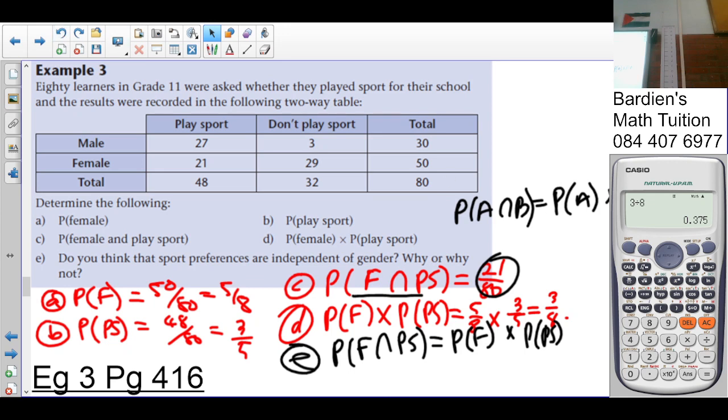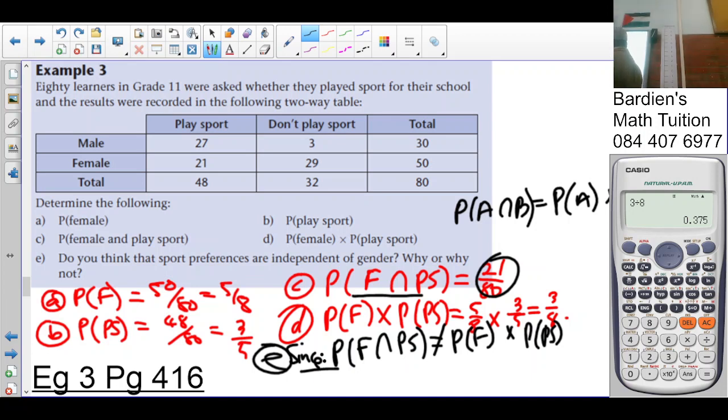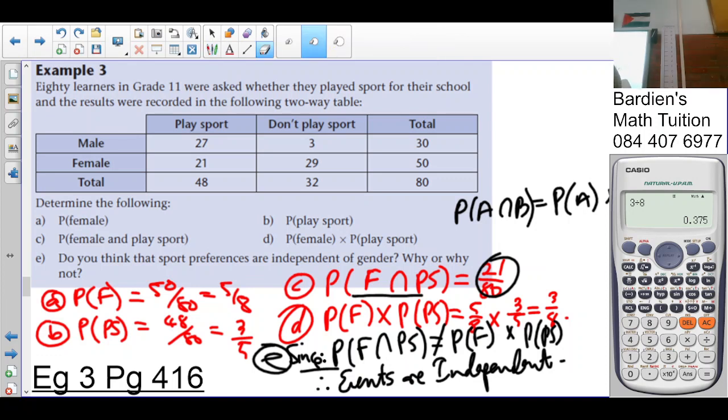So we say, just state the obvious, since the probability of female intersection sport is not equal to the probability of female times probability of sport, therefore the events are not independent.